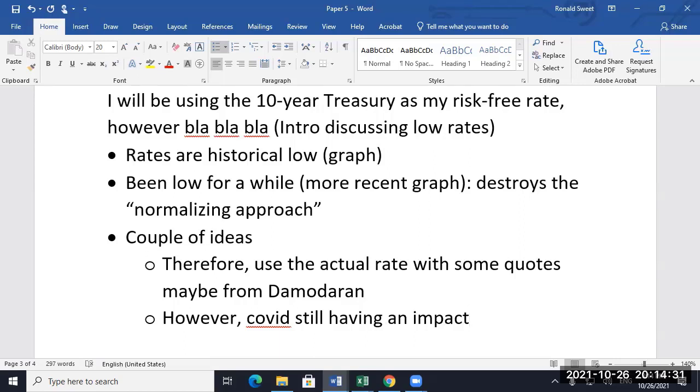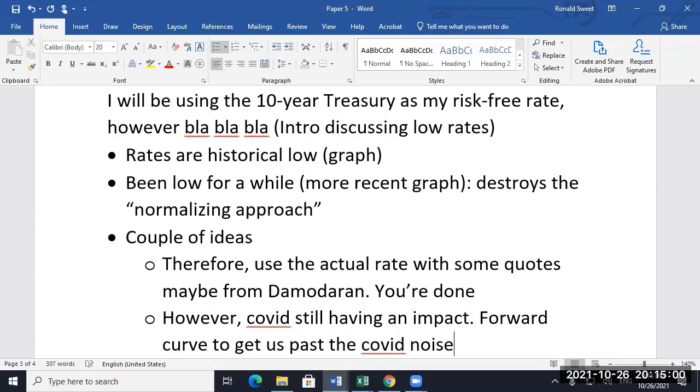That's going to be my approach, that I need to make some adjustment. I don't think we're going to go back to the historical 3.5%, 4%, so I'm going to make some adjustment. If you have the quote, then you're done. You just go get the 10-year treasury and you're done. Here, what I'm going to do is use the forward curve to get us past the COVID noise. So that's my approach. You don't have to use this approach just because it's my approach.